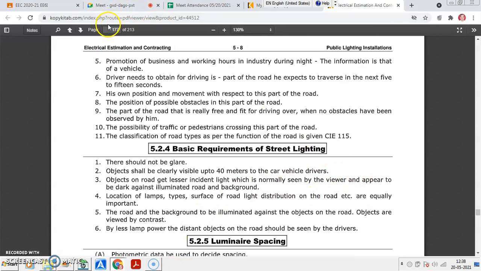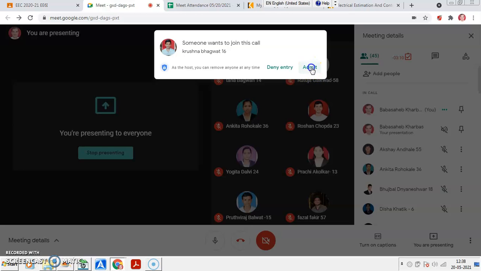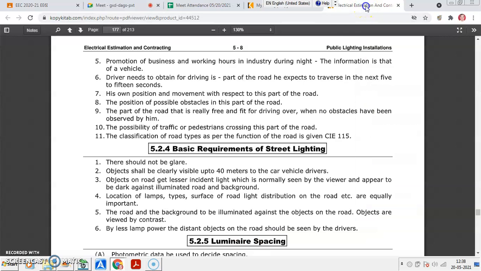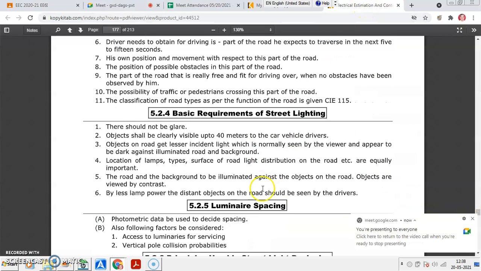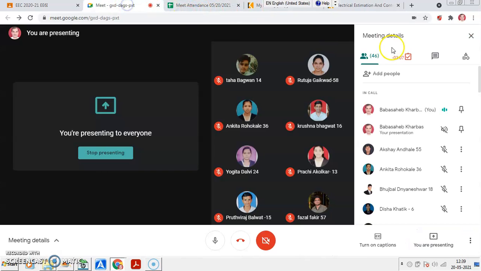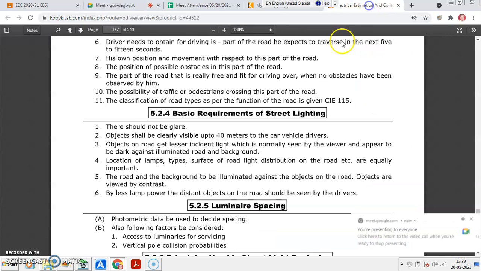Then clarity on road is also important. So all these things we have discussed. These are very common as far as the design of any street light system or outdoor lighting is concerned.